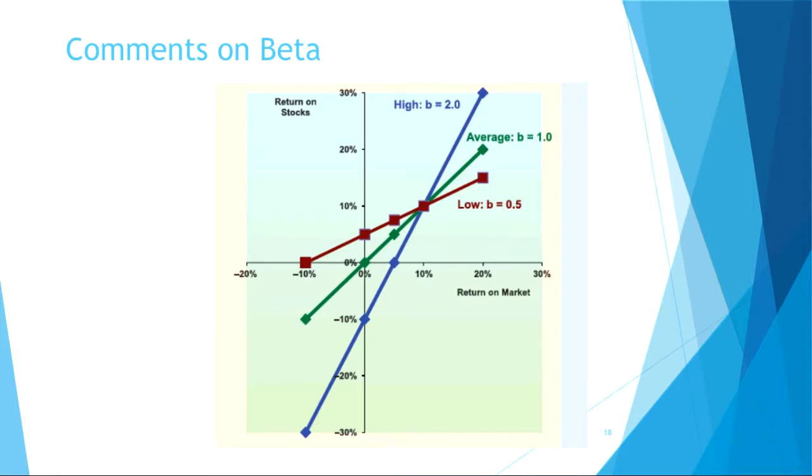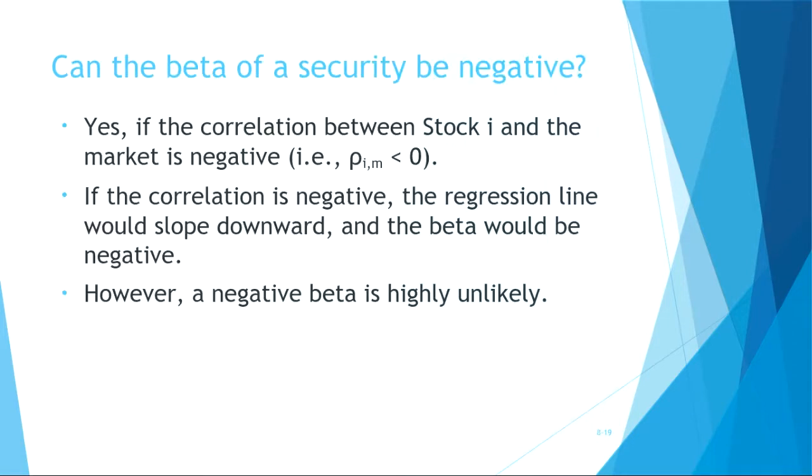Here the average beta is equal to 1, same as the market, and here are the low beta and the high beta of stocks. Yes, as you have seen, we may have a negative beta.